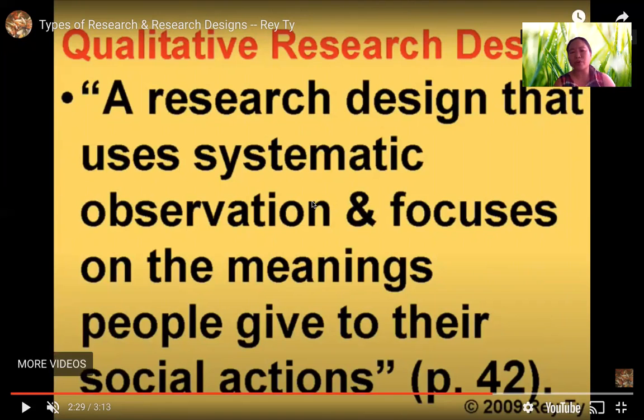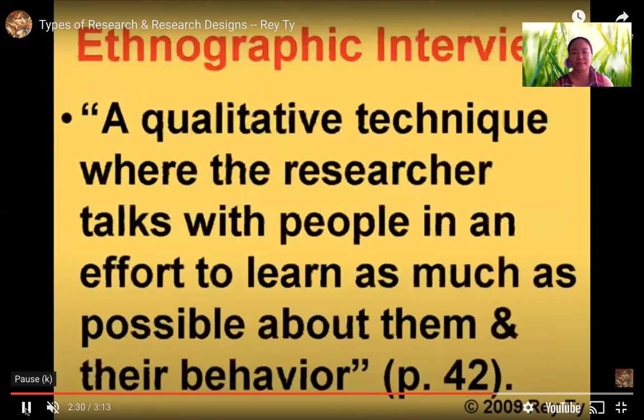So it's more on observation, ideas, you know, and it's very social. So when you say ethnographic interview, it's a qualitative technique where the researcher talks to people in an effort to learn as much as possible about their behavior. So it's ethnographic.